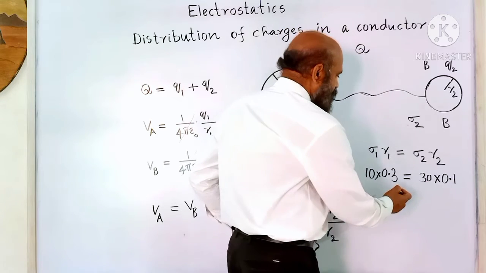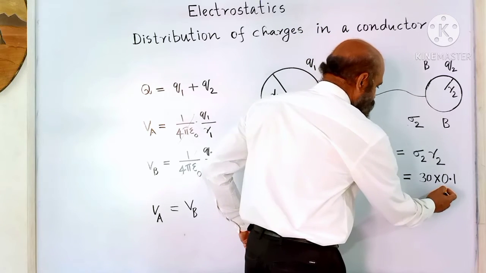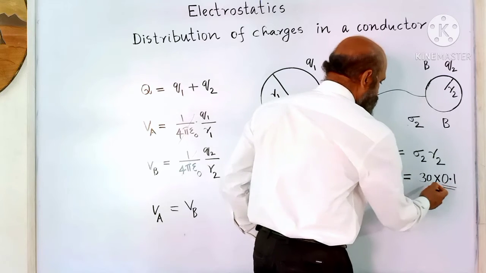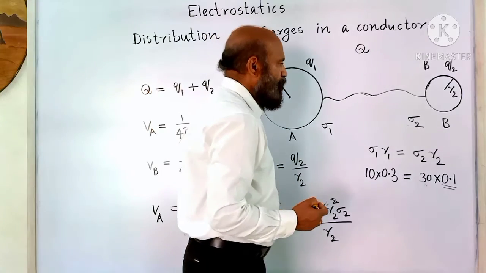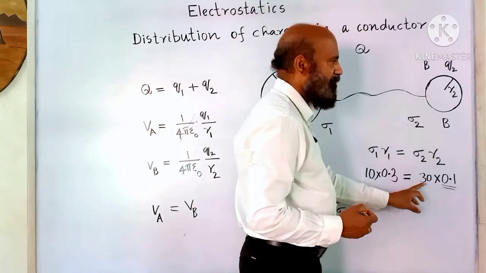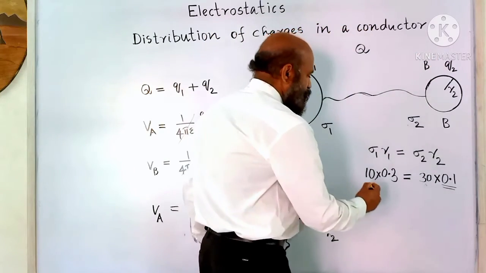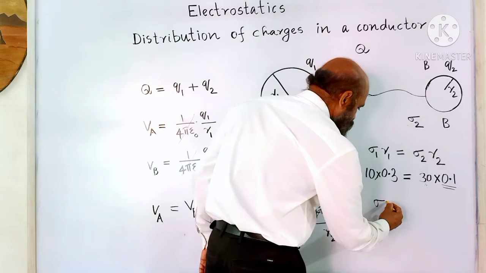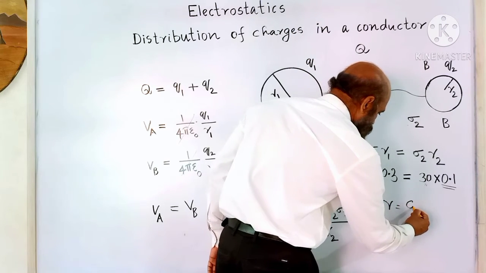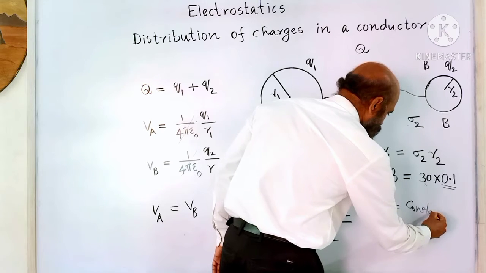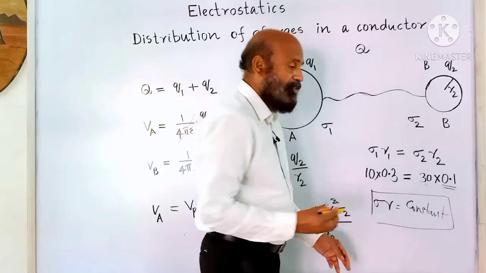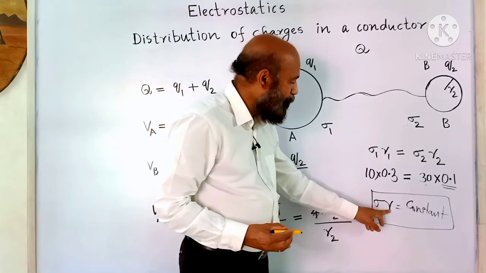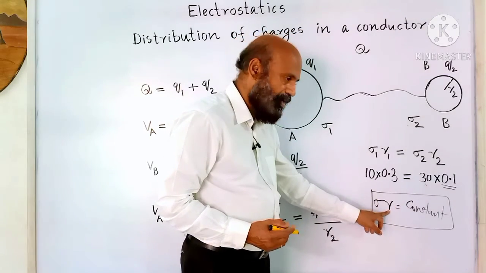So you can see when the radius is less, charge density is more. Smaller the radius, charge density is greater. So from this it is clear, sigma R is a constant. So charge density is inversely proportional to the radius.